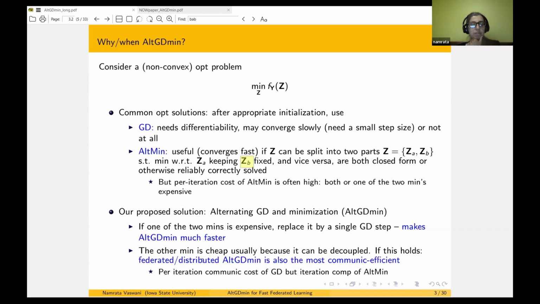Roughly speaking, for many such problems, which I'll talk about three in this talk, you can get the per iteration communication cost and time cost of gradient descent, but you can get an iteration complexity which is comparable to that of AltMin.